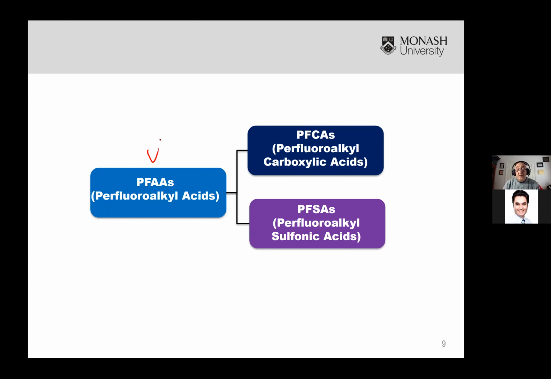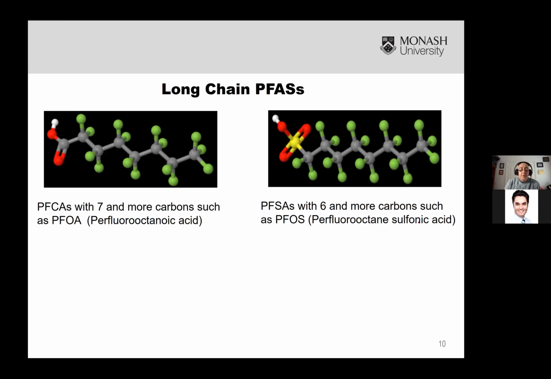In particular, you can divide them into these carboxylic acids and the sulfonic acids, PFCAs and PFSAs. You can also categorize them further by distinguishing the long chain ones versus the short chain ones.